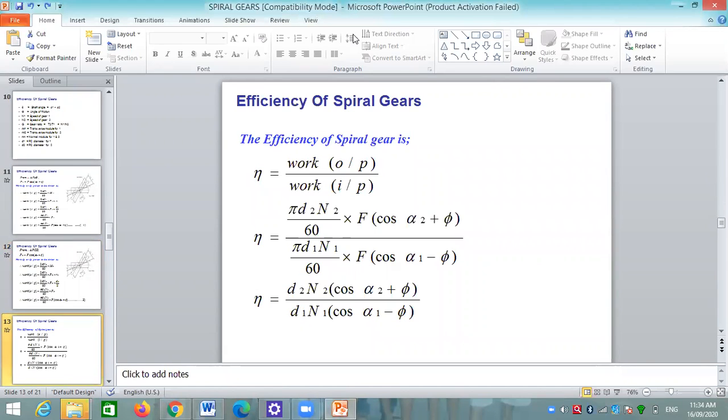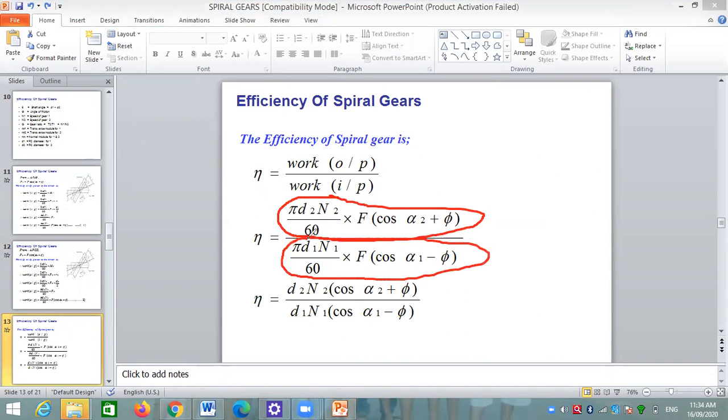If I put the value of output here and the value of input here, this pi will get cancelled, this 60 will get cancelled, F will get cancelled, and we will get the efficiency is equal to d2 into n2 into cos of alpha 2 plus phi divided by d1 into n1 into cos of alpha 1 minus phi.